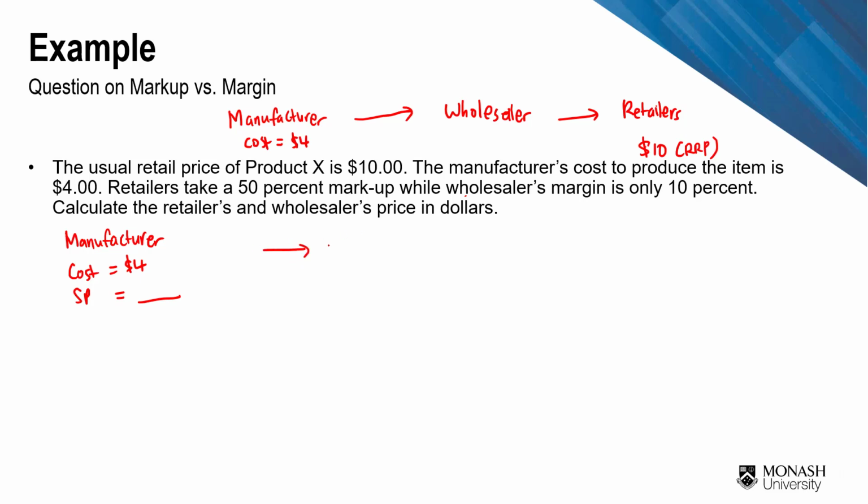And then you will have the wholesaler, and you got the cost of the wholesaler and the selling price. And you will have the retailers, you got the cost of the retailers, and you also have the selling price of the retailers.